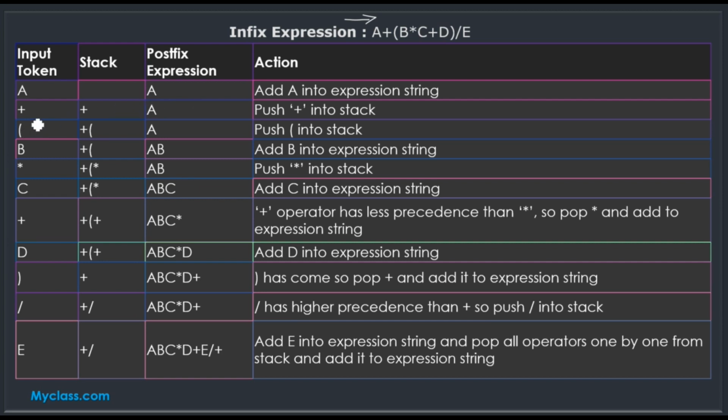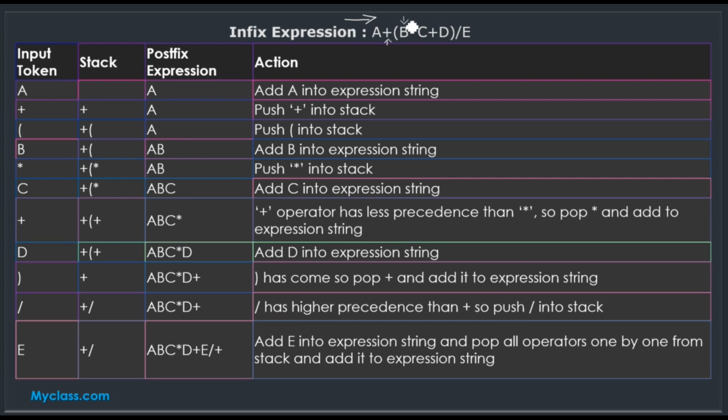Plus is the operator and we push that operator into the stack without considering anything because the stack is empty in this case. Now we scan the opening bracket. When we scan an opening bracket, we just push it into the operator stack. So now the postfix expression still contains A only.